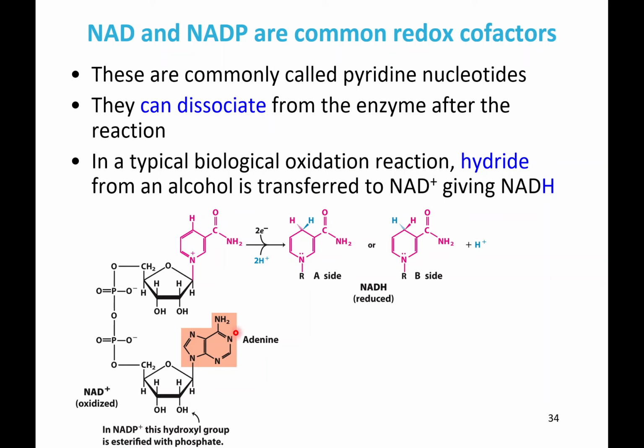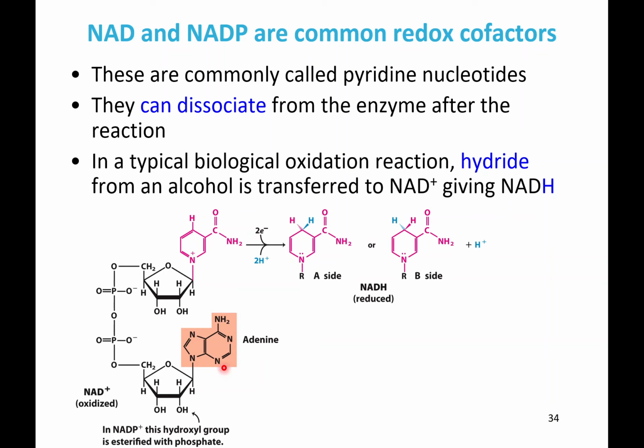Okay, and so this is the structure of NAD. You have an adenine here. What NAD stands for, I should probably say first, is nicotinamide adenine dinucleotide. So the nicotinamide is up here in pink, and that's really the business end of the molecule.